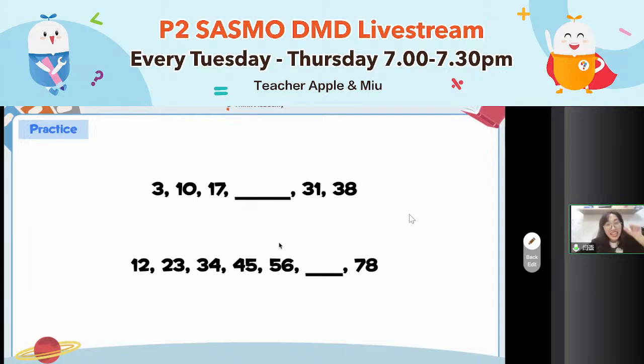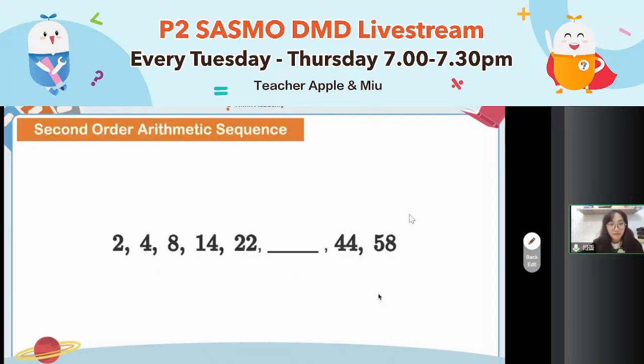Again, you see 11, 11, 11, 11. So after that, we have 67, right? Okay, again, do remember to check your answer. 67 and then plus 11 equals 78. Good job. So do remember that after you observe the pattern, you also need to check your answer, okay?